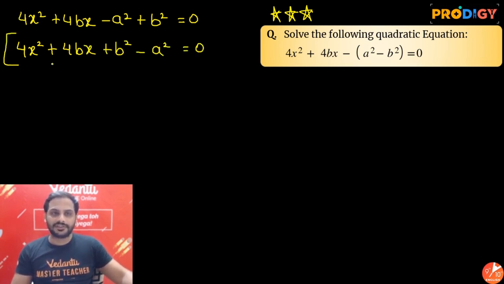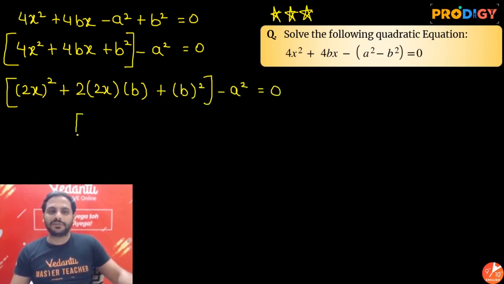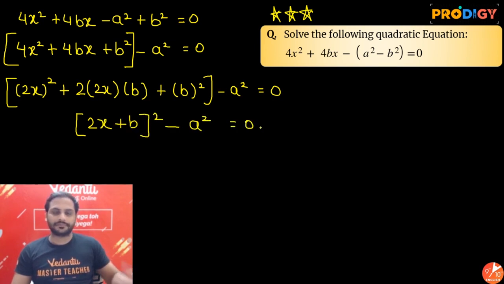Now guys, if you see these first three terms, 4x square I can write as 2x whole square. 4bx I can write as 2 into 2x into b, and b square I can write as b whole square, right? Minus a square equal to 0. So it is a square plus 2ab plus b square, which means a plus b whole square minus a square is equal to 0. Right?